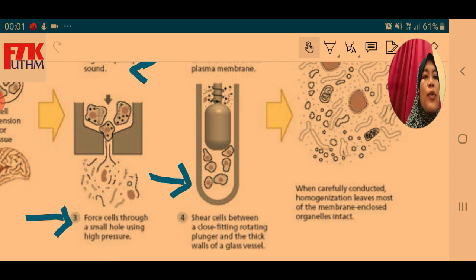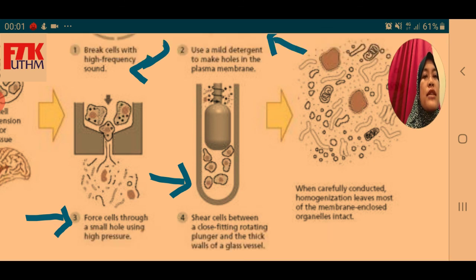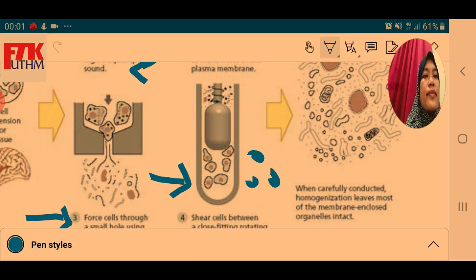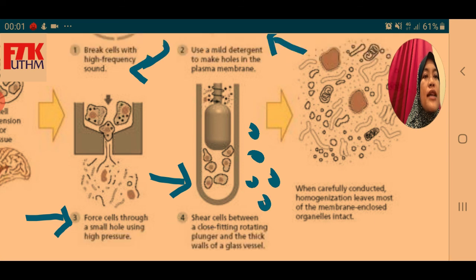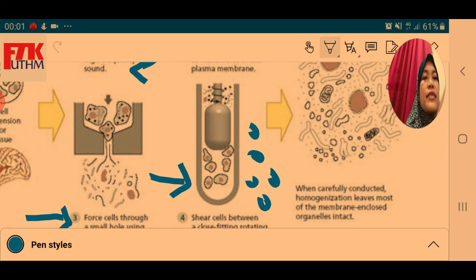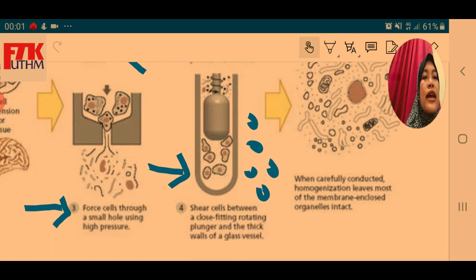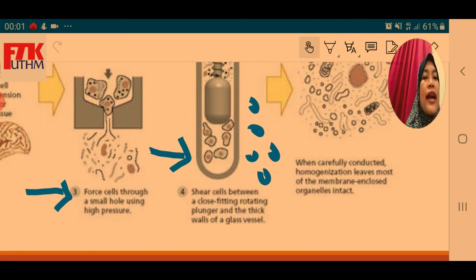We usually include some beads, glass beads, inside the chamber so that you can have shearing of the cells even better.